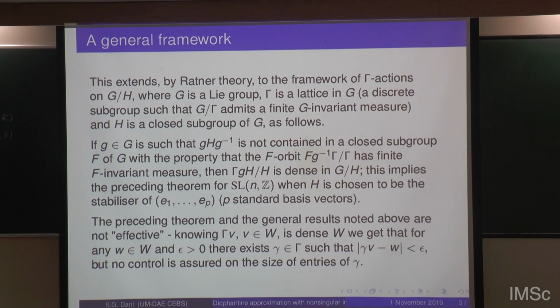There is a conjecture of Raghunathan about orbits of certain subgroups of G acting on G mod gamma, saying that if the elements of that subgroup consist of unipotent elements, namely there are no eigenvalues other than 1, then the closure has the property that the closure itself is an orbit of a possibly bigger group.